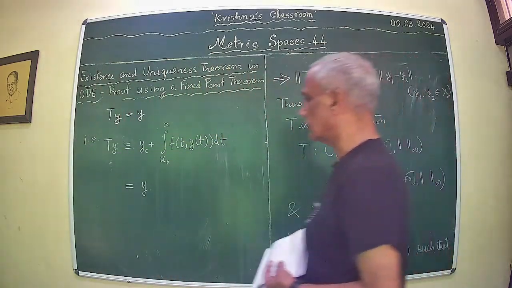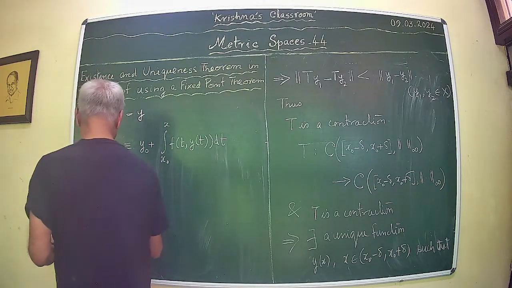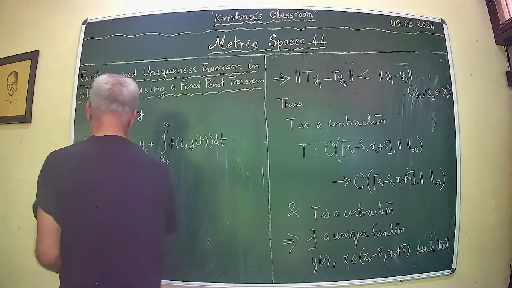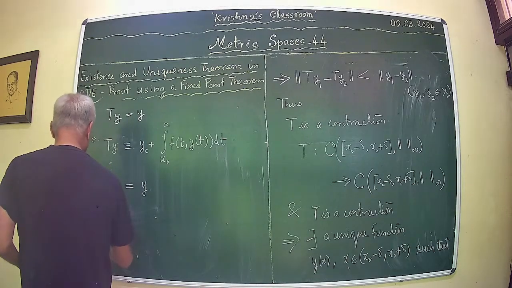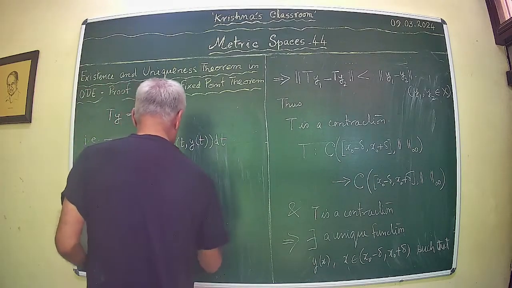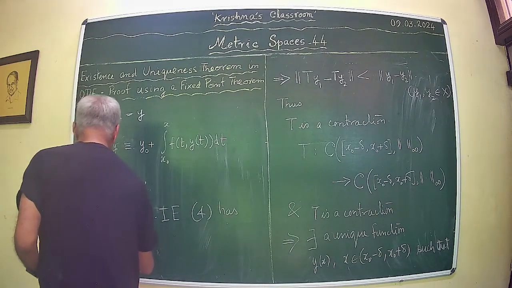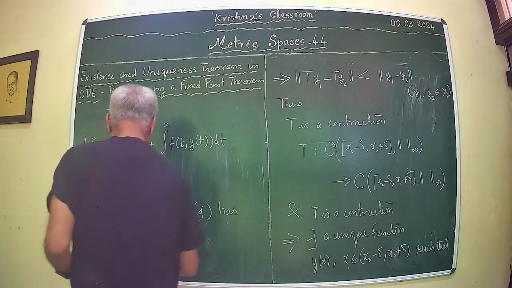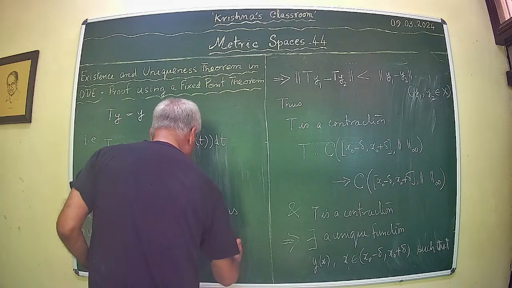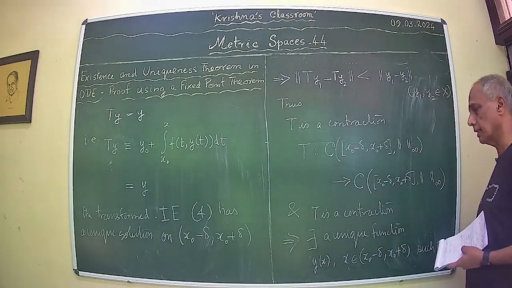Now, what is the consequence of that? It's the integral equation, a unique solution delta x0 minus delta to x0 minus delta.